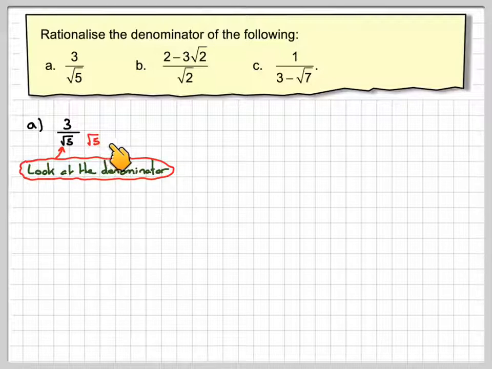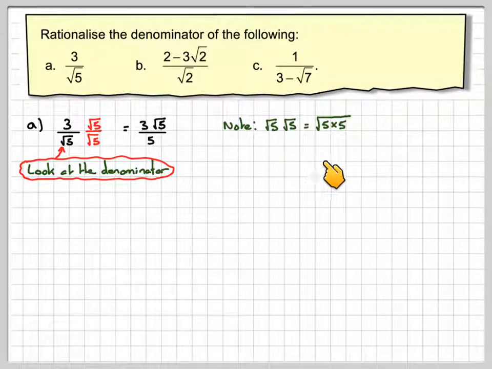In order not to change the meaning of the whole thing, I also need to do the same to the numerator, the top number. And then I do root 5 times root 5, which I know from my previous work to be 5. And then on the top I just get 3 root 5. So this becomes 3 root 5 over 5.